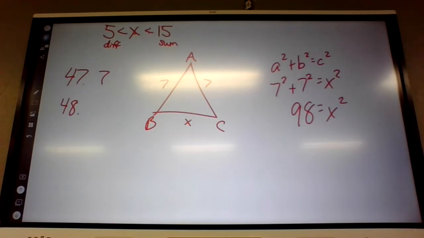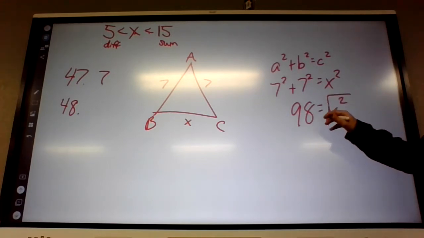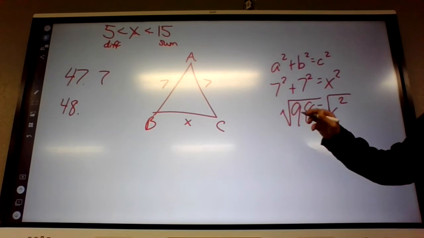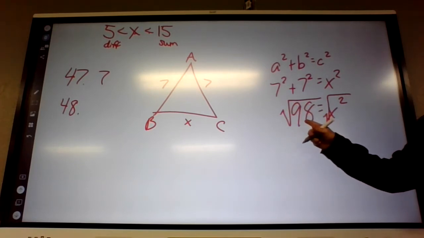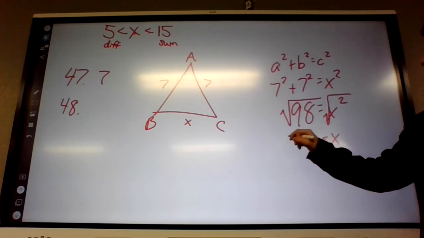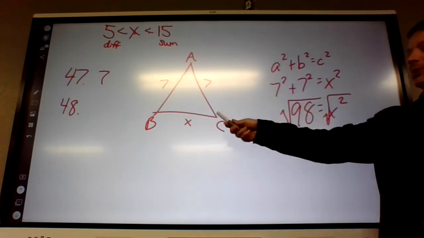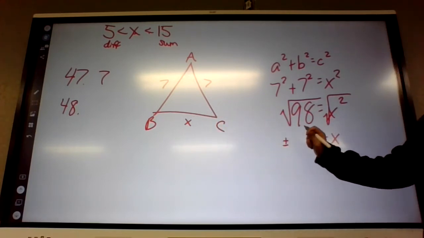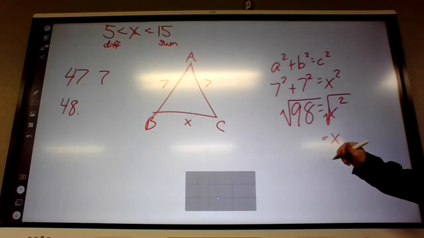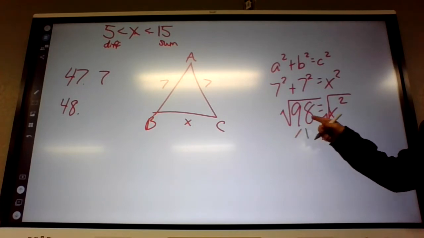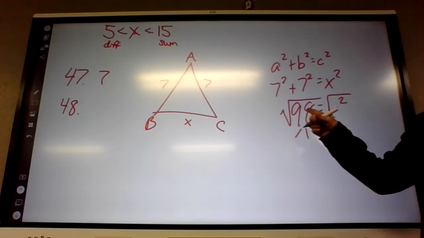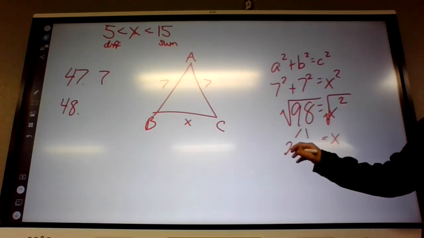The opposite of a square is a square root. Now you guys probably don't remember this from Algebra 1, but technically, if x squared is 98, x could be positive or negative square root of 98. But since we're talking about the length of a side of a triangle, negative doesn't make sense. Do you guys remember how we simplified square root of 98 without a calculator?